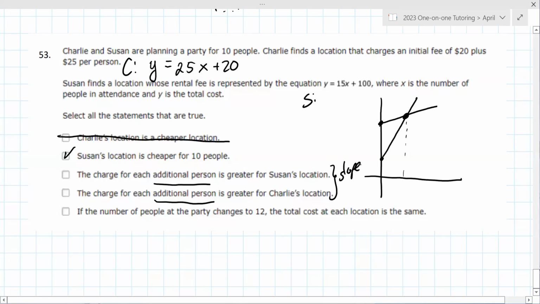Charlie's. Okay. Now, when you see answers where they're basically the same except for one word or they flip things, you're typically choosing between them. Since this is a check the box problem, that might not always be true. If the number of people at the party changes to 12, the total cost of each location is the same. You can calculate it by putting 12 in, or you can set the equations equal.